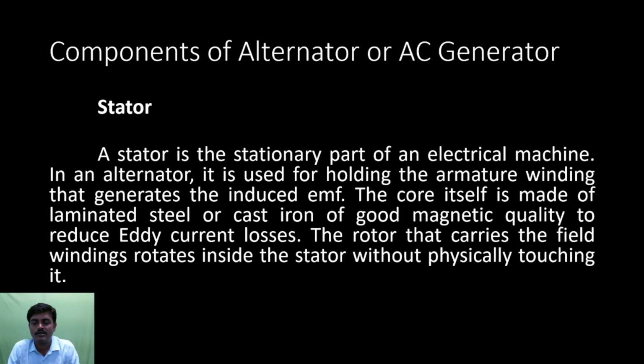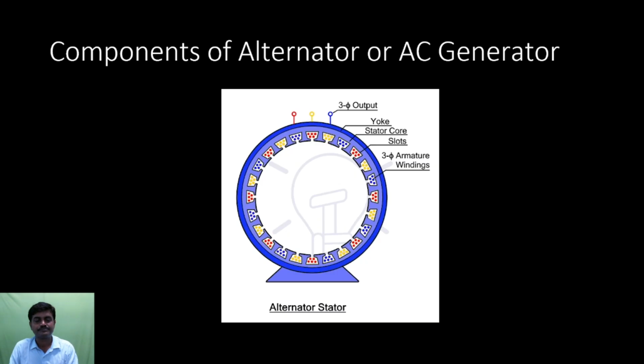The rotor that carries the field winding rotates inside the stator without physically touching it. That is the main thing. That is why in the alternator, according to Faraday's law of electromagnetic induction, without touching the armature winding, if I give the supply to the field winding, then by means of induction, an electromagnetic force is produced, and if it is a closed circuit, current flows.